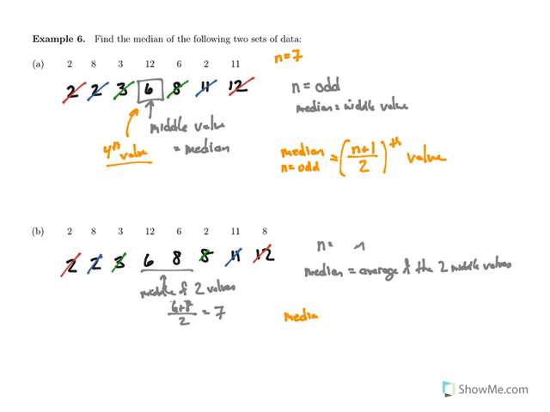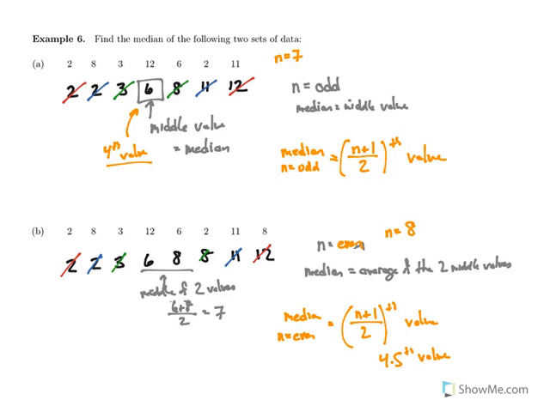The median, when n is even, note that here n is even and n is equal to 8. We do the n plus 1 divided by 2 again. Here we have the 4.5 value.